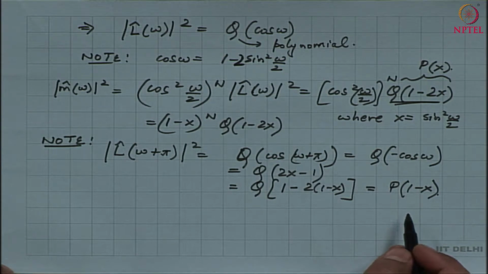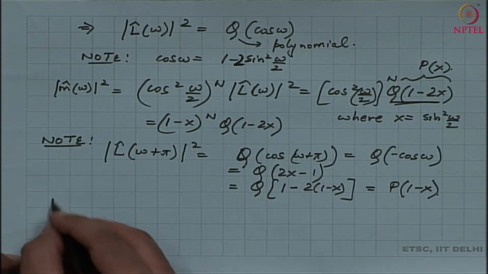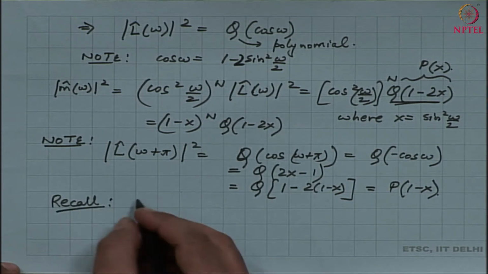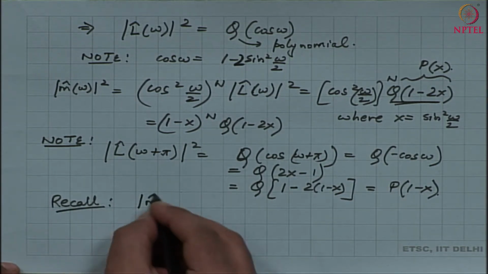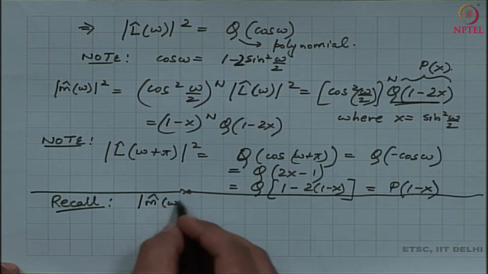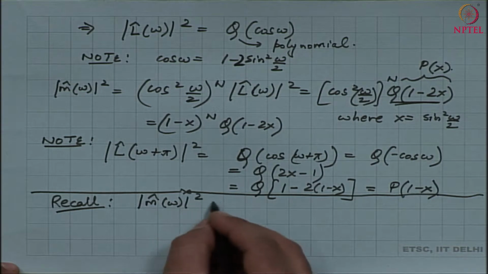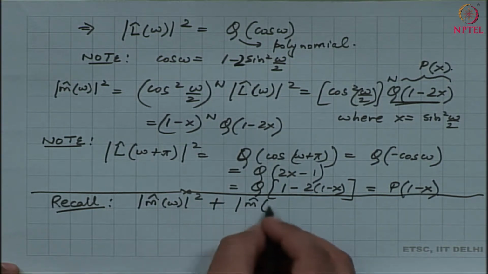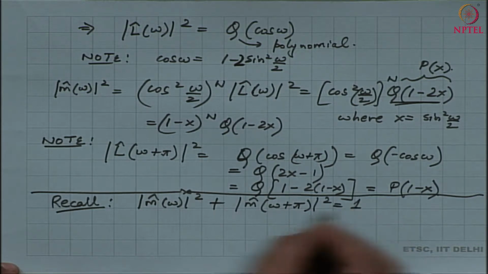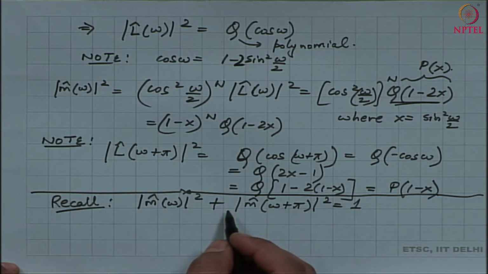Then recall the following property of my associated generating function. Again, this is via the reference. The associated generating function is going to satisfy this equation: m hat of omega square plus m hat of omega plus pi square.